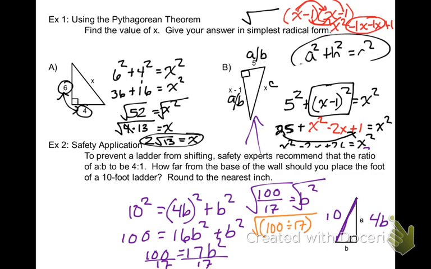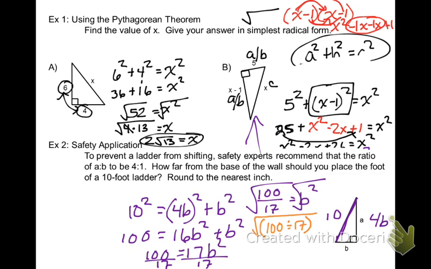Because if not, they're going to think just 100 is being square rooted and nothing else. So make sure you also put the parenthesis around the 17. So for your decimal, square root of 100 divided by 17 and put your other parenthesis.